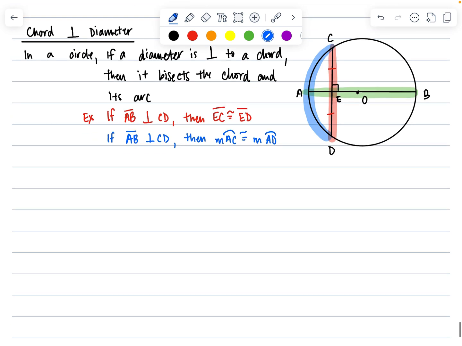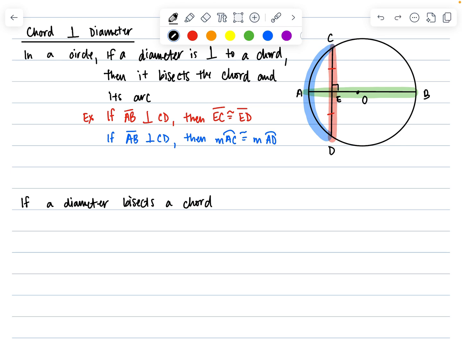Now the last one that we're going to talk about today is if a diameter bisects a chord. So here, let's just write it out. If a diameter bisects a chord, so in this particular case, we don't know that the right angle is there. All we know is AB would be bisecting CD.